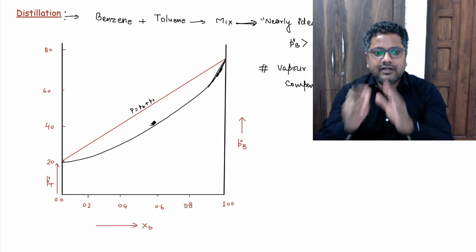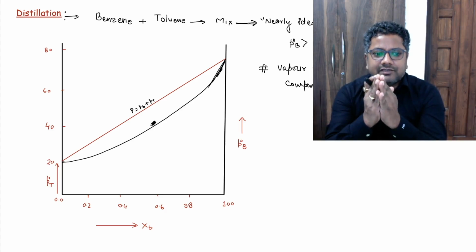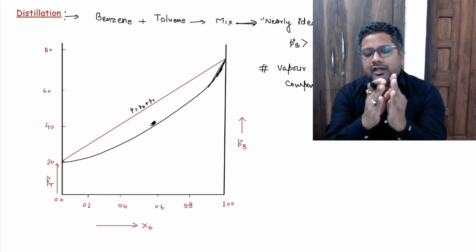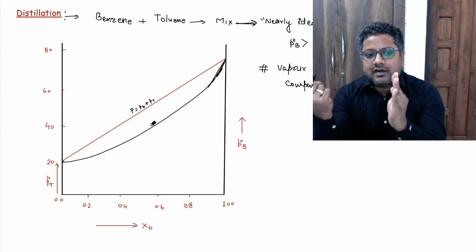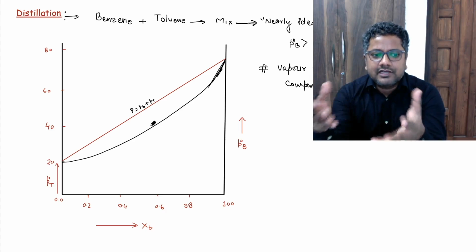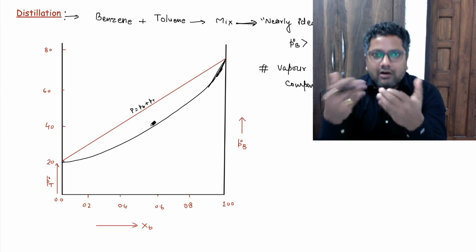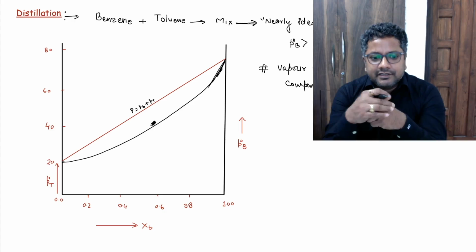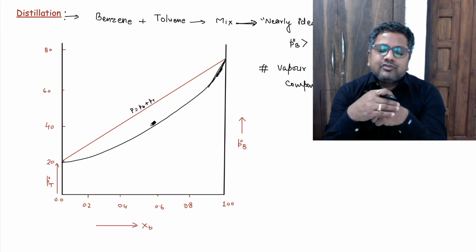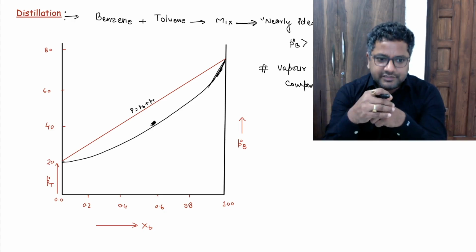So whenever we are talking about the total vapor pressure of a solution, we are talking about that pressure corresponding to some composition in the liquid phase. Because Raoult's law is basically for liquid phase, or you can say the total pressure is according to the composition of vapor phase as per Dalton's law, right?